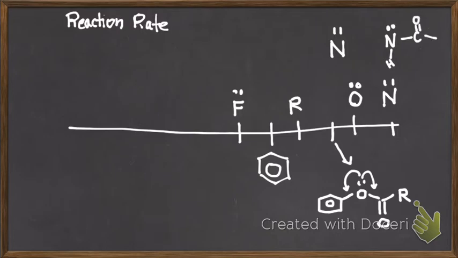Something like that. And then here it's connected to the benzene ring. Okay? Similar argument, right? That lone pair can't participate in resonance with the ring as well, so it's got to be somewhere in here.